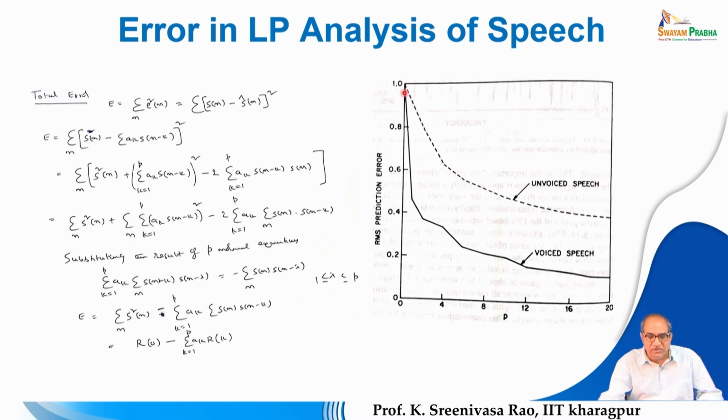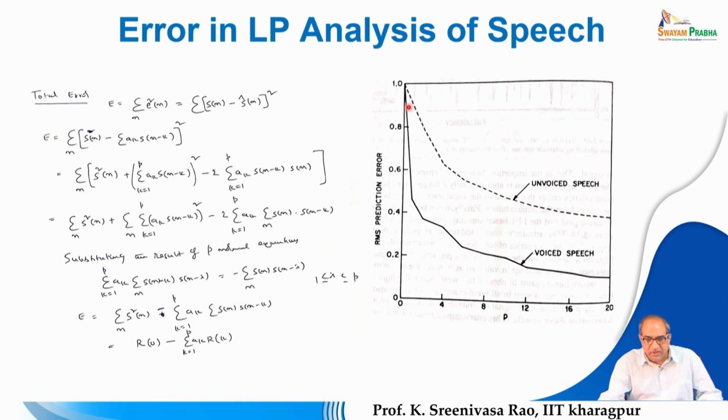Dividing R of 0 by R of 0 gives you 1, and afterwards, as you increase the number of samples for predicting the present sample, the error will come down.